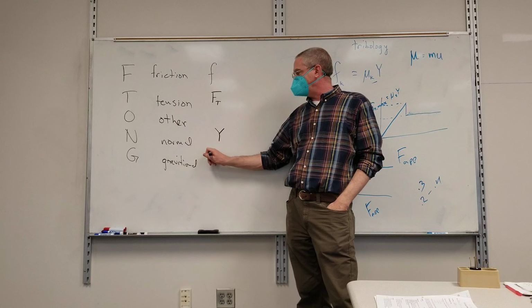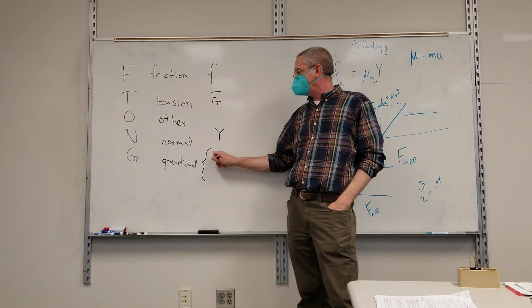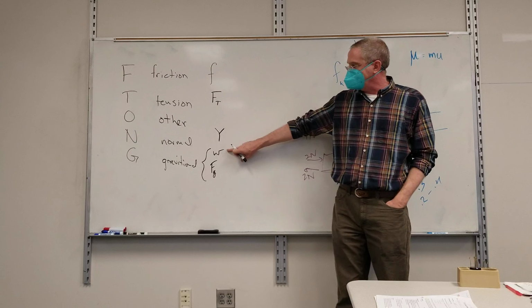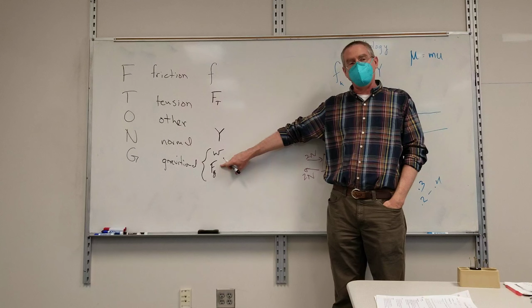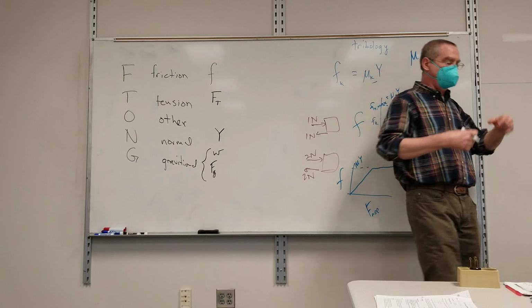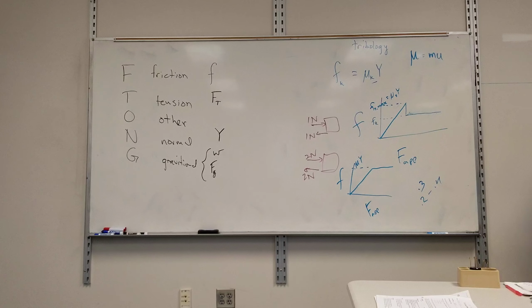And gravitational, there's two types, as was mentioned: there's weight and there's the force due to gravity. Weight is a specific case of the force due to gravity. Force due to gravity, I generally use F sub G when I'm talking about the generalized gravitational force, such as when I'm dealing with incredibly tiny things like the force between you and the book in front of you or the desk in front of you, or I'm dealing in outer space with the force of gravity between planets, or moon and planet.